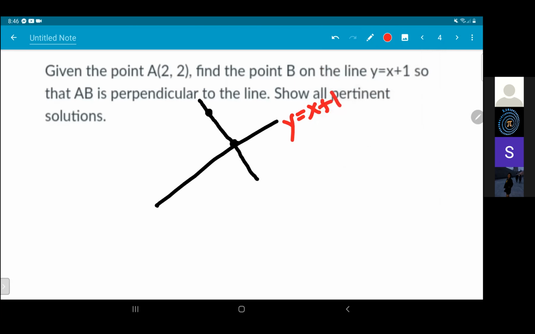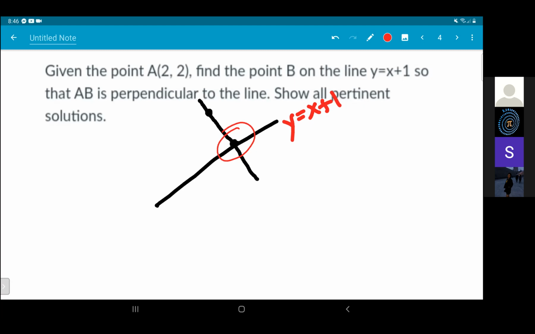So how do we proceed? First, we observe that the point we're looking for is the intersection point of the two lines. That means if I know the equations of the two lines, I will be able to solve for the point of intersection.